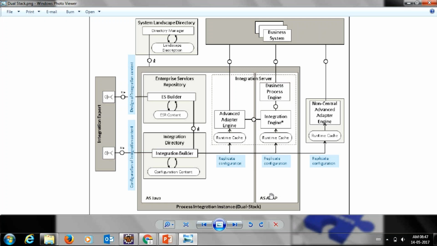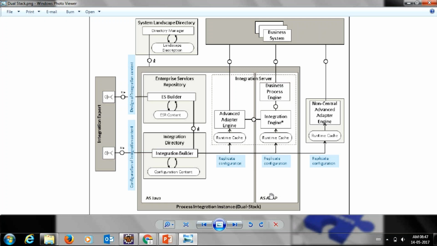From the ABAP stack, the data is again transferred back to Java stack, and then the further processing or the receiving functionality is executed. When the data is transferred from one stack to another, your processing time increases, your performance reduces, your throughput reduces.